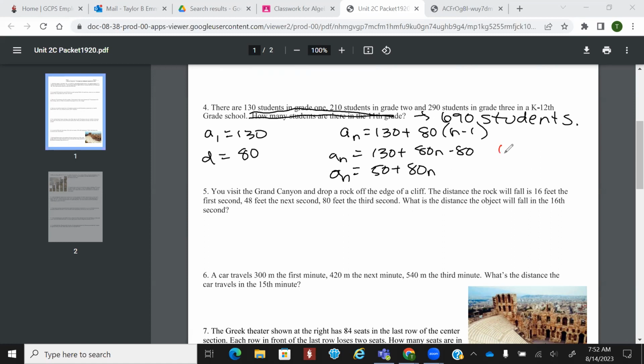So I would take 690, set 50 plus 80n equal to it. So how do I solve for n? I need to subtract first. So minus 50, that's going to give me 640. And then I'm going to divide by 80, and that's going to give me 8. So in the 8th grade, there's 690 students.